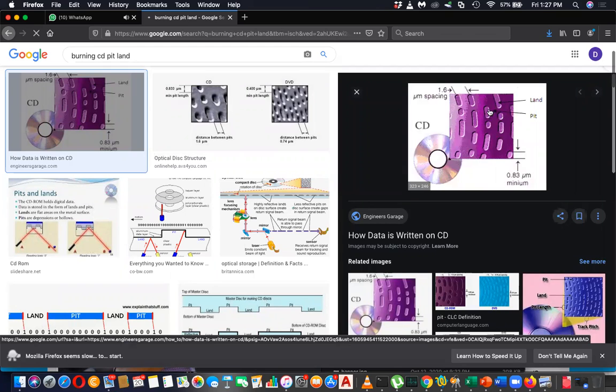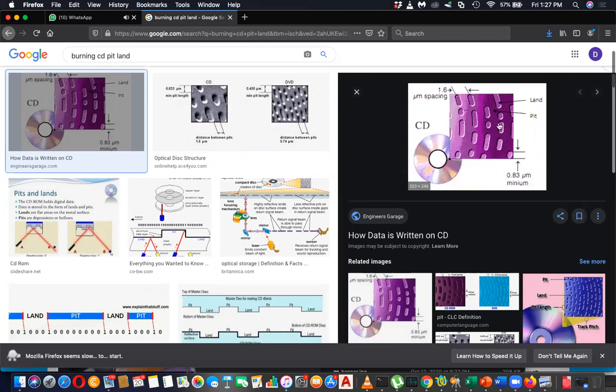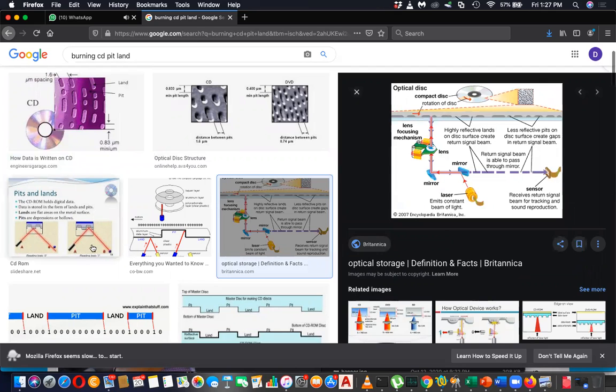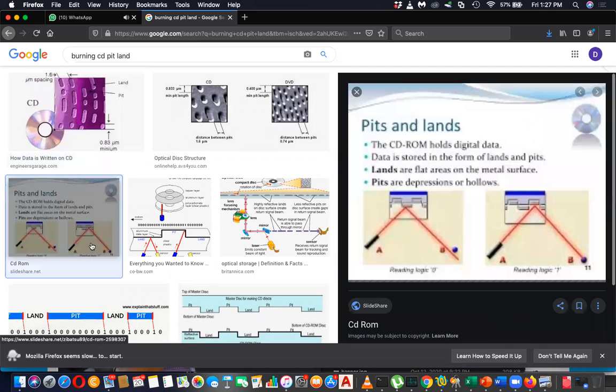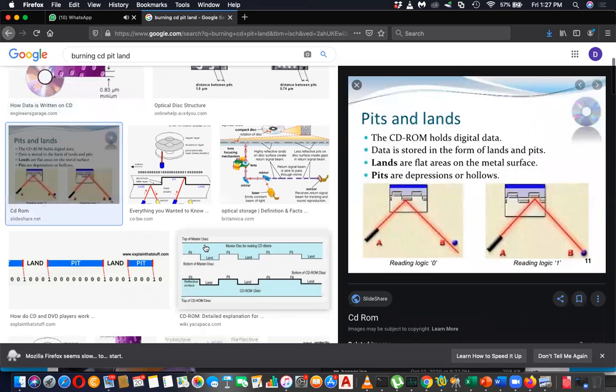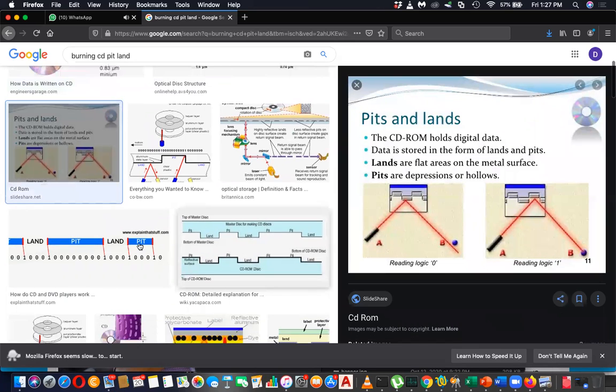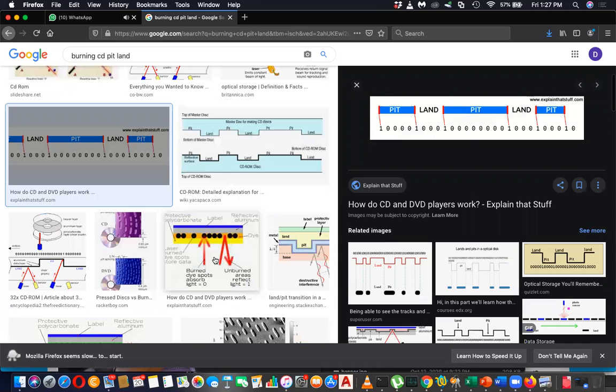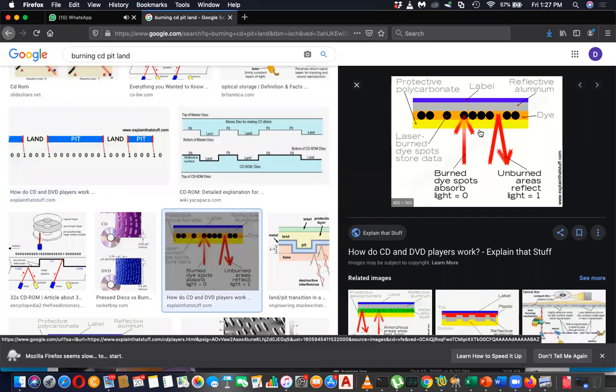Pits are burned places, and the rest are lands. This is the diagram, and this is how it is formed when writing. So the burned places are the pits.